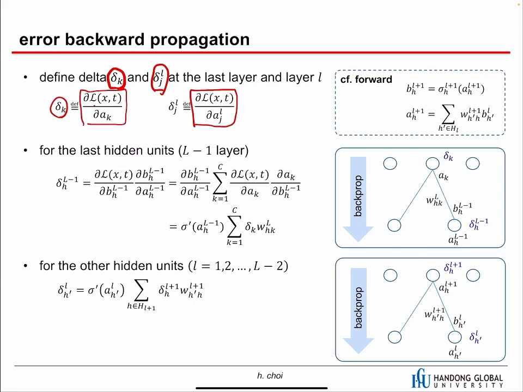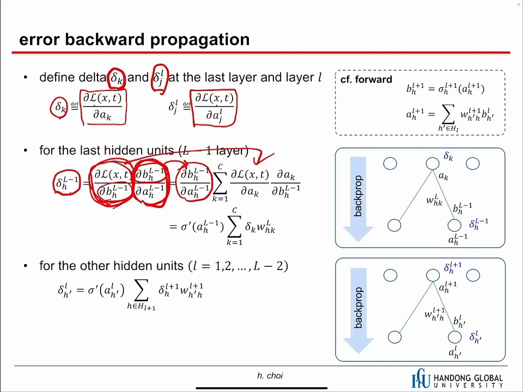And for the last hidden unit, which means at layer L-1, right before this last layer, this one is a derivative of this loss function with respect to a sub j L, and we use the chain rule. So we take a derivative here, and then we have the same term here. We take a derivative of b with respect to a, and the first term will be decomposed into this summation.